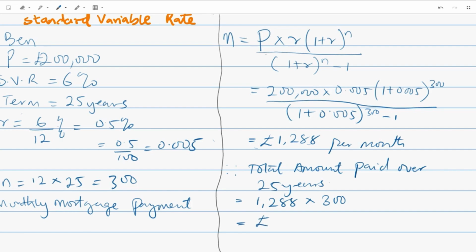That should give us £386,400 approximately. So this is the total amount Ben would have to pay for the life of the mortgage. If you have any questions, you can always leave a comment in the comment section.